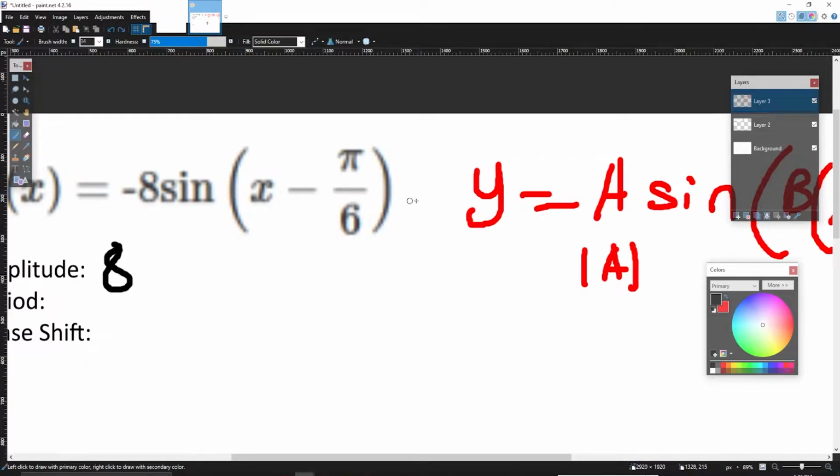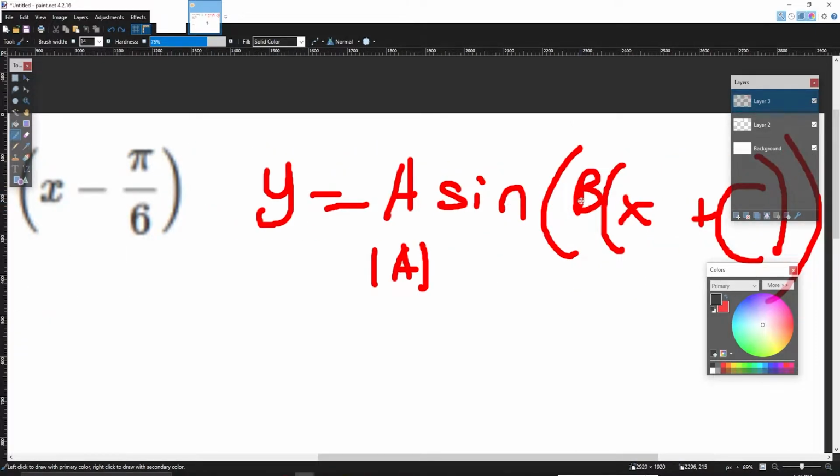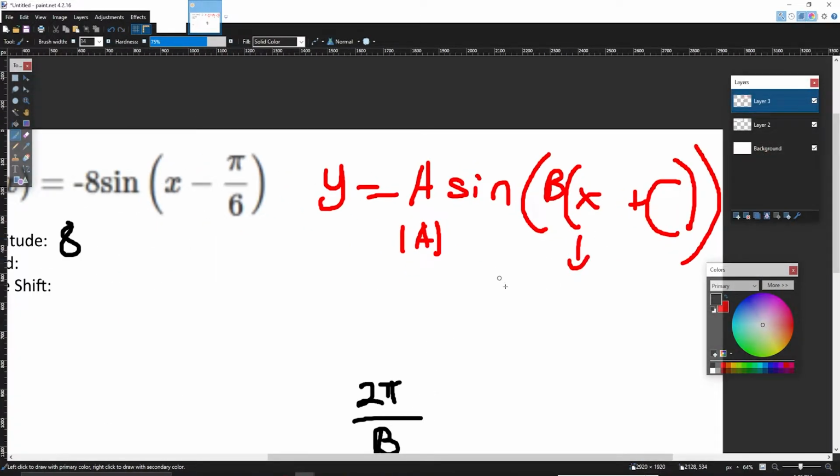The reason this one looks like this is because we pull out b. Normally this would look like a sine, and then we would have bx plus c, and then we just pull out b from both sides.